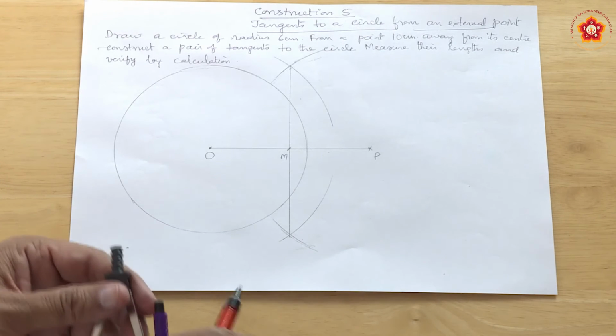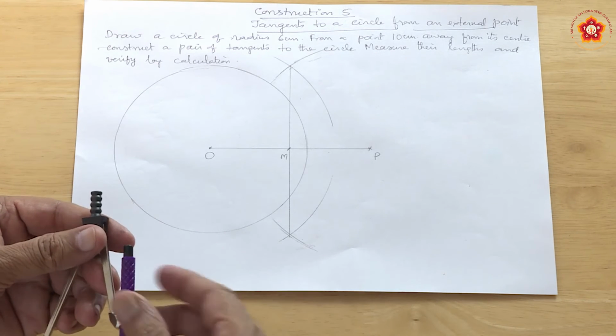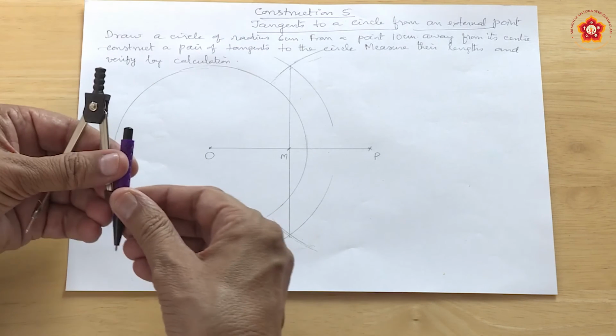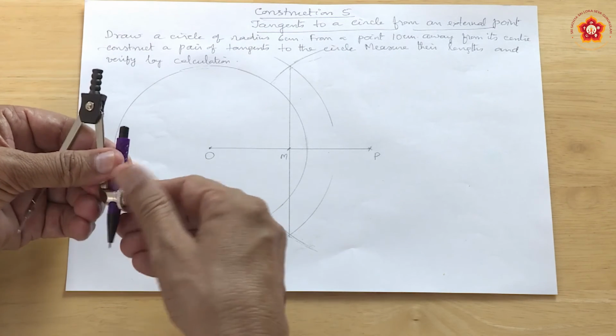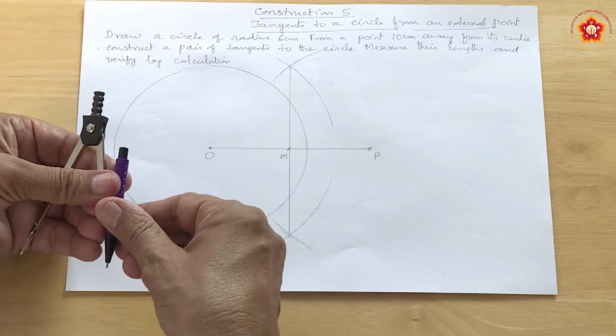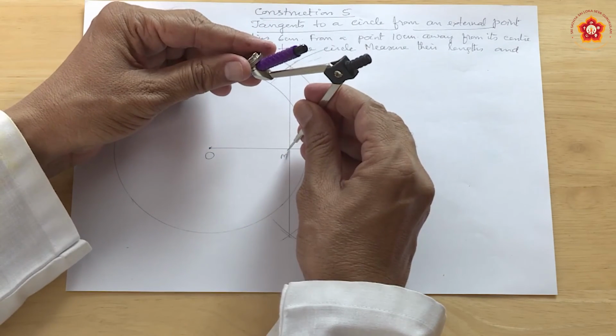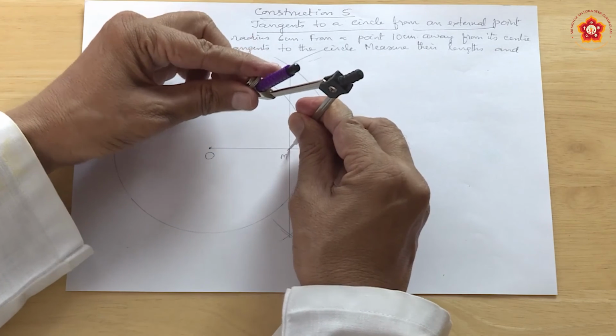Now you must draw an arc, actually two arcs is sufficient, but for your convenience you must show that there will be a circle. So I am just showing the full circle now. Actually two arcs is enough.